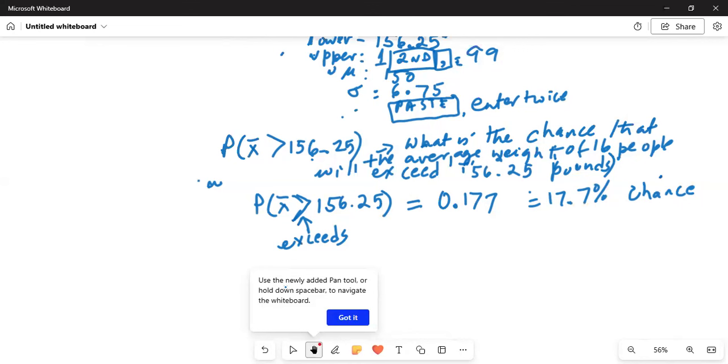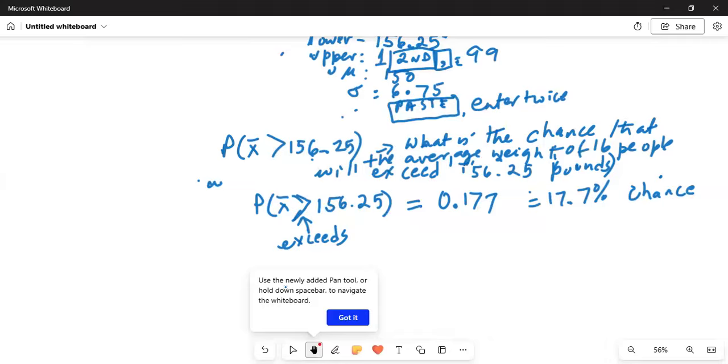So there's an 18% chance that the elevator will collapse. Is 18% a great chance? Yeah, I would say. Anything greater than 5% is reasonable, or is a chance of happening. So 17.7% is a fairly large chance of that happening.